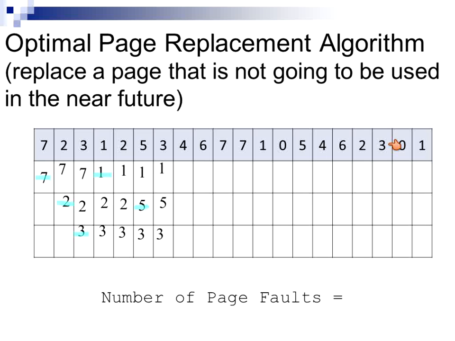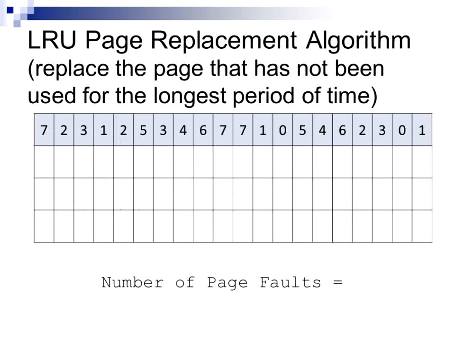Okay, let's look at one more, and that's the LRU page replacement. Now we want to replace the pages that have not been used for the longest period of time. So again, we're going to start out putting page 7 in memory, and then 7 and 2 will be in memory, and then 7, 2, and 3 will be in memory.